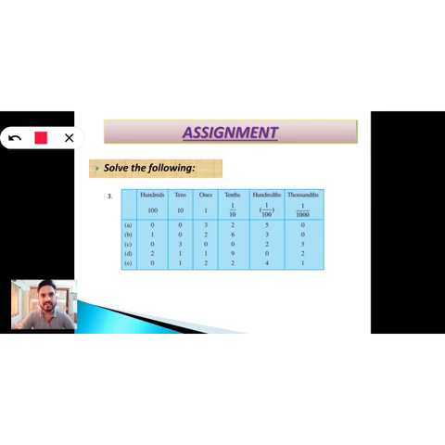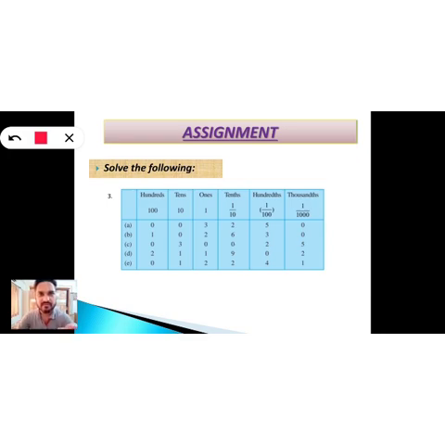I will give you one example. For question A, in the hundreds column 0 is there, in the tens column 0 is there, in the ones column 3 is there, in the tenths column, that is 1 upon 10, 2 is given, in the hundredths column 5 is given, and in the thousandths column 0 is given. So what do we have to do? We have to write it in simple form.